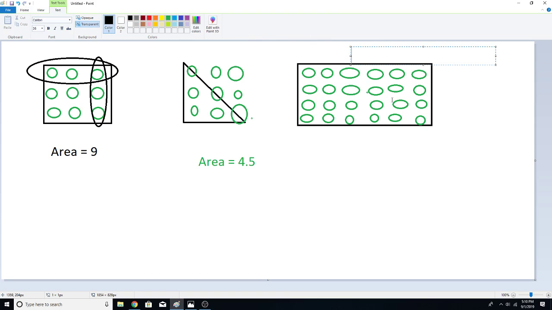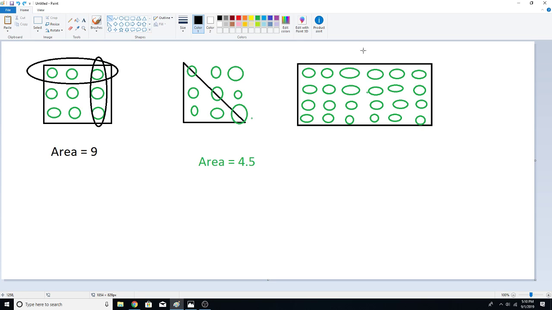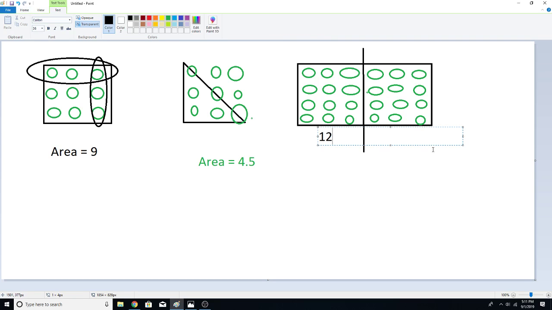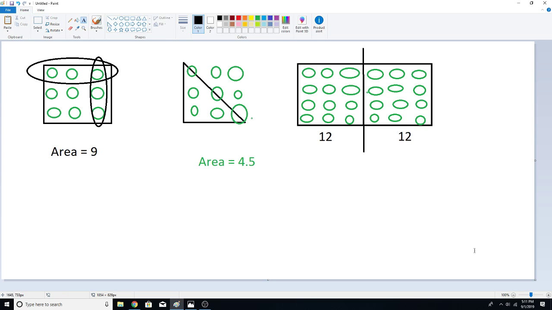Actually no, I'll split it. So if we split it like that, and we count the number of chairs: 1, 2, 3, 4, 5, 6, 7, 8, 9, 10, 11, 12. So there's 12 chairs there, and there's 12 there.